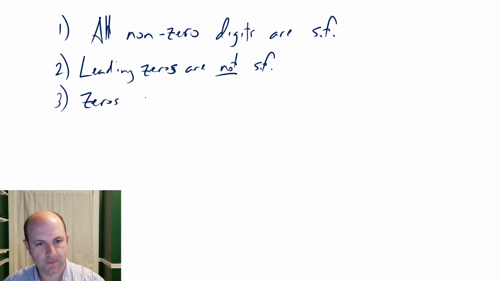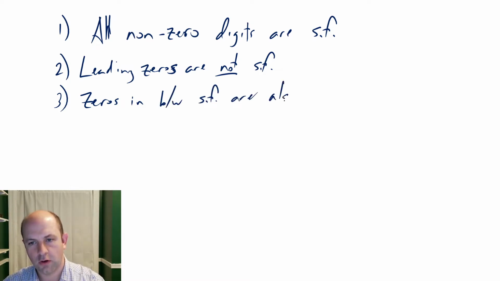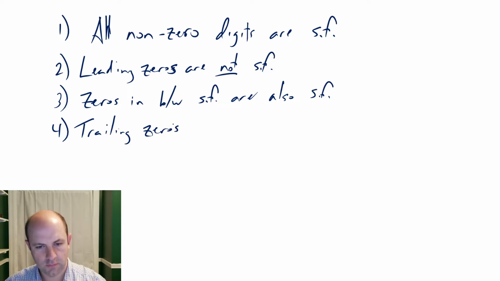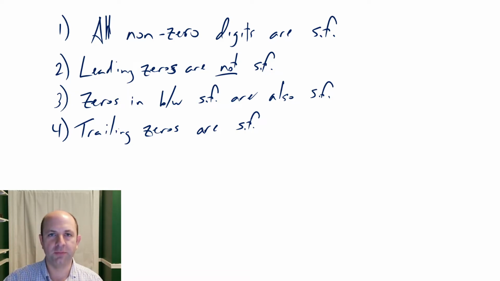Zeros in between sig figs are also sig figs. Trailing zeros are sig figs, and we'll stop there. There is a fifth rule sometimes that if you put a decimal point in, it can make it sig fig. We're going to skip that rule because scientific notation will just make it easier for us.